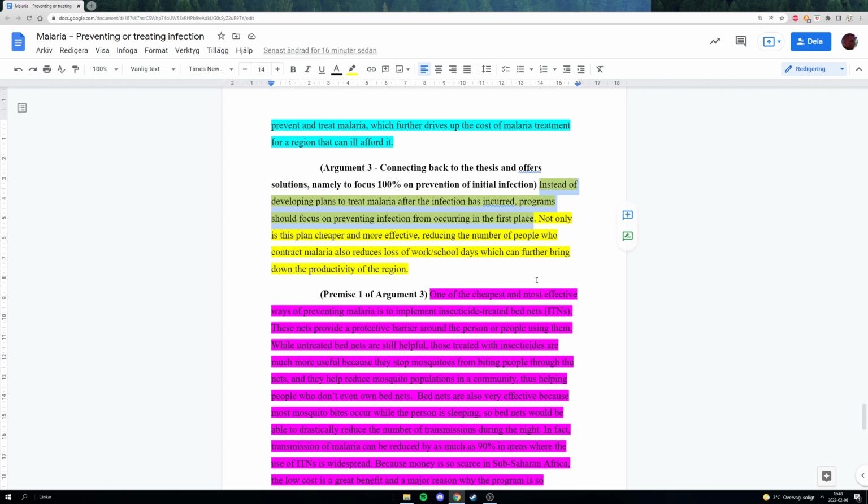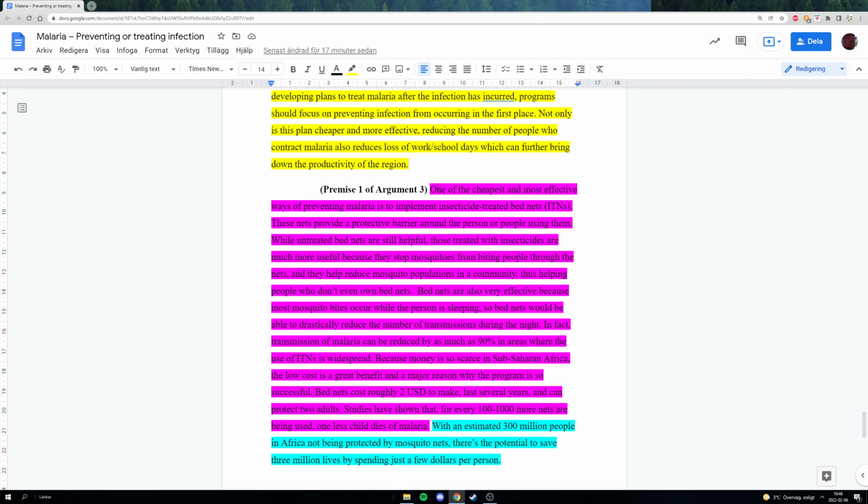Here is their initial claim, what they think, and here is just an extremely quick summary of their arguments, which is that firstly, it's cheaper, and it's more effective. It reduces the number of people who contract malaria, while also reducing loss of work and school days, which further helps the region, basically.